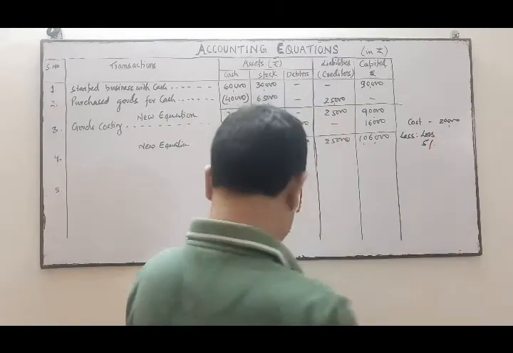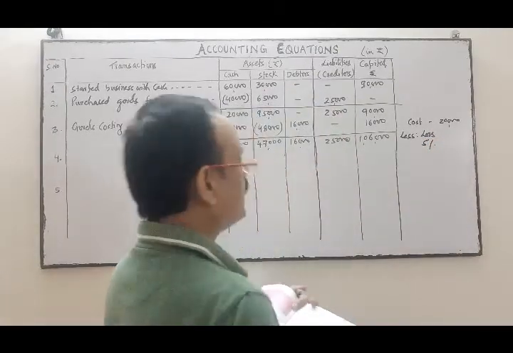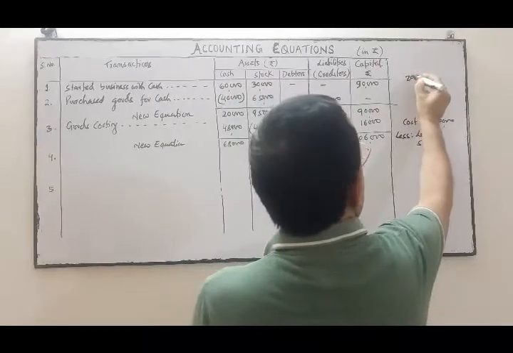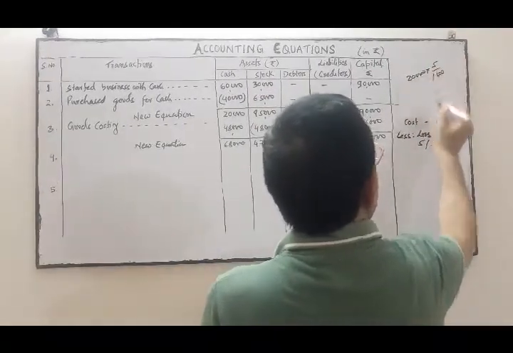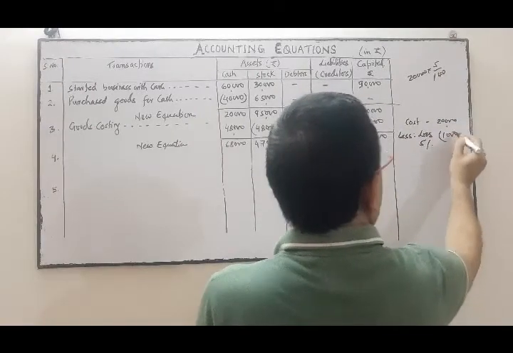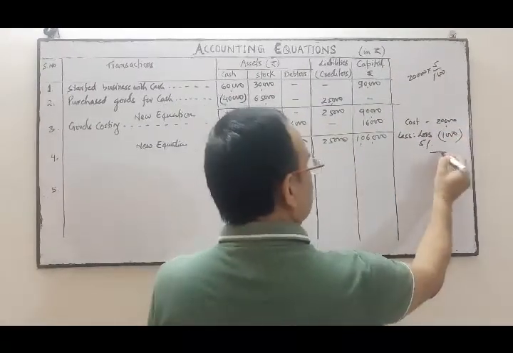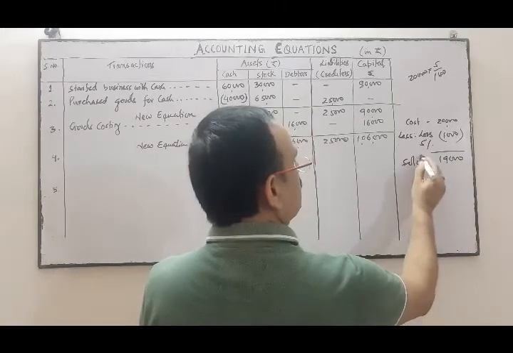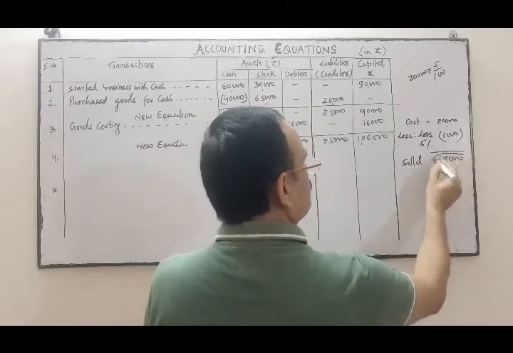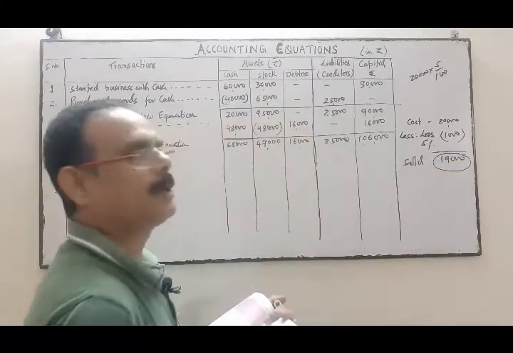Sold at a loss of 5% means 20,000 into 5 upon 100. It means 1,000 loss. It means goods is sold at rupees 19,000.